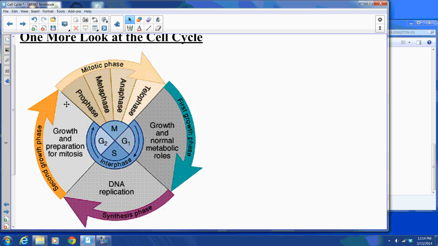And if you'll notice on this little diagram, mitosis is broken down into some different parts, and that's where the next section of notes will take us. We'll take a closer look at each of these four stages of mitosis, and also this process here at the end of mitosis that actually divides the cell from one into two.